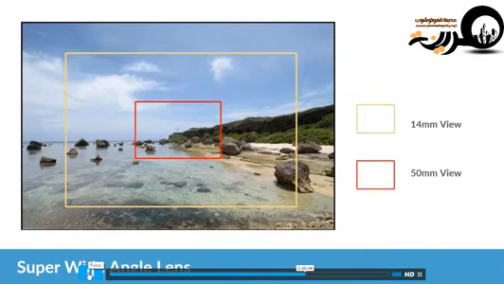Okay, so let's have a look at how much of a view these lenses take in. In this case, we're looking at the 14 millimeter, and we can see it here highlighted in gold, just how much of the scene the 14 millimeter lens is taking in compared to our 50 millimeter. Remember, the little red frame is our 50 millimeter there.